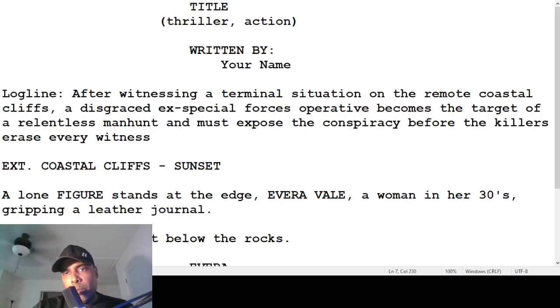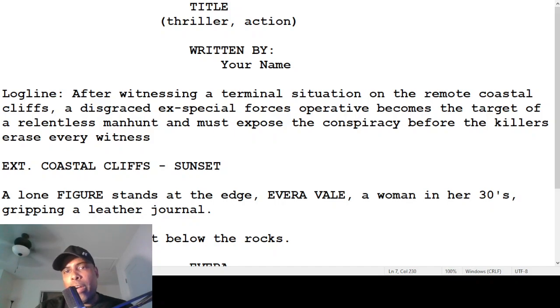After witnessing a terminal situation on the remote coastal cliff, so something happened, action thriller situation. Somebody got attacked or something. It's terminal. A disgraced ex-Special Forces operative becomes a target of a relentless manhunt and must expose the conspiracy before the killers erase every witness, so they think it's him.